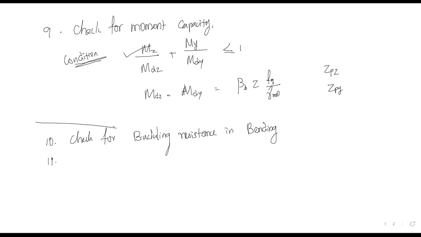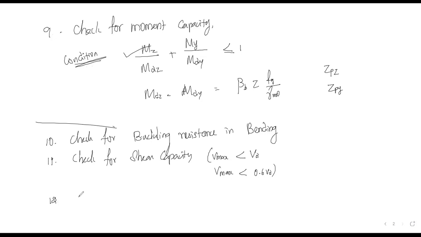Then step 11 is check for shear capacity. So here we are going to check V max should be less than Vd, that is, V max should be less than 0.6 times of Vb. That we have to ensure for safety concern.